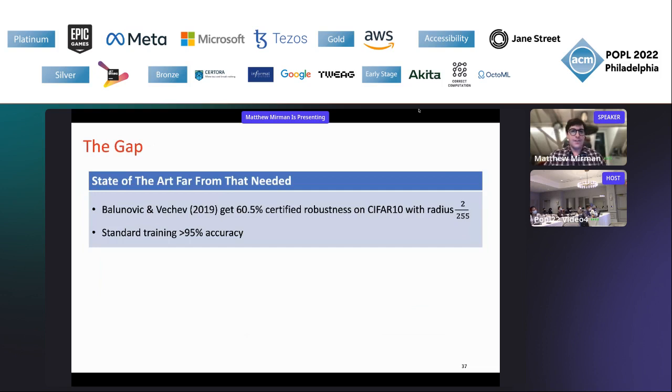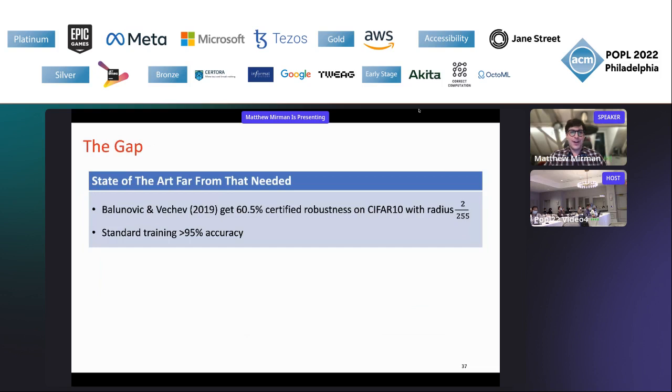However, these systems since DiffAI have not been improving significantly. The state of the art has plateaued pretty far from what we would need to use certified defenses in practice. One of the best results gets at most 60.5% certified robustness on CIFAR-10 with a radius of 2 out of 255, which is a fairly small radius.